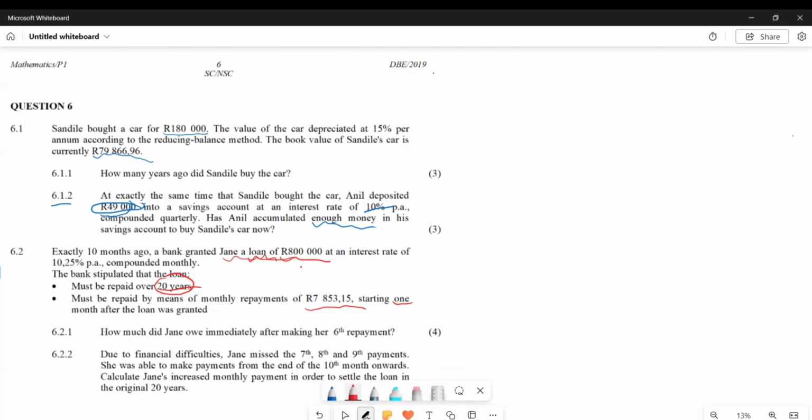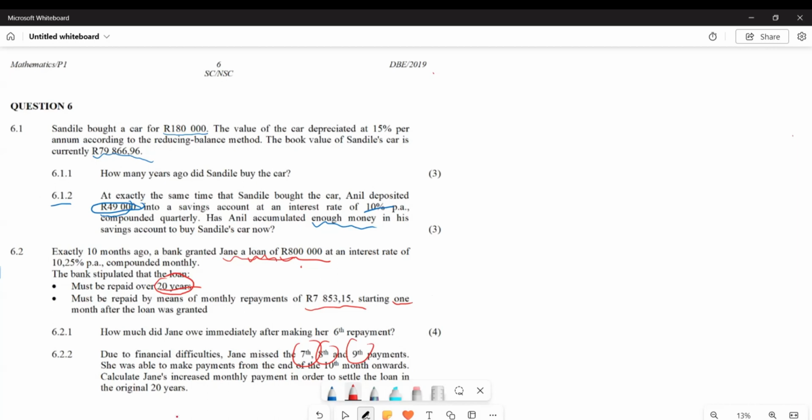Now let's look at this question. They say, look, due to financial difficulties, Jane missed the 7th, the 8th, the 9th payment. She was able to make the payment from the end of the 10th month onward. Calculate Jane's increased payment in order to settle the loan in the original 20 years.